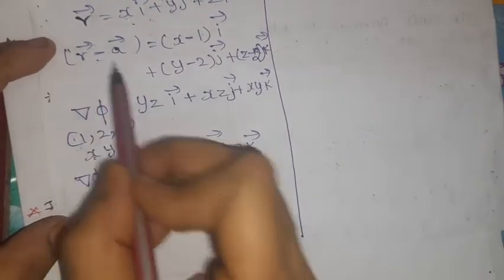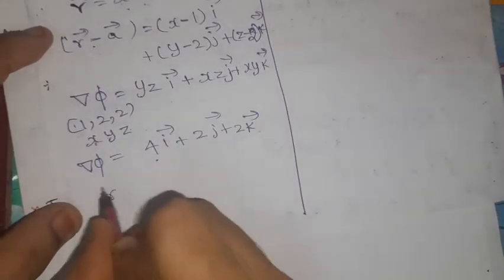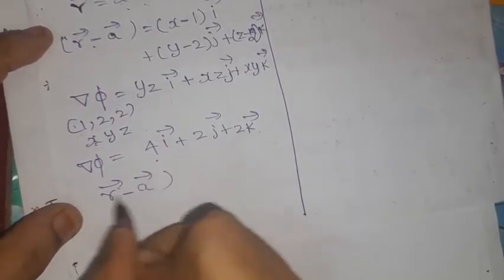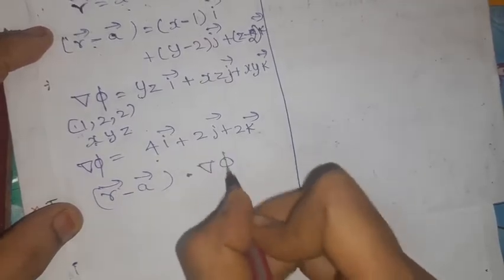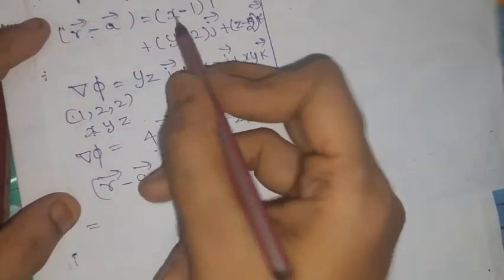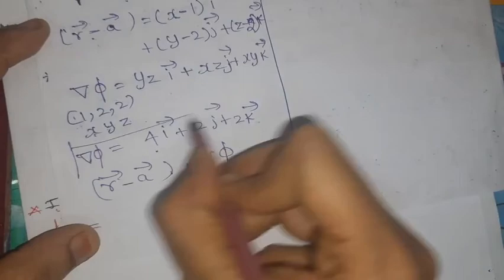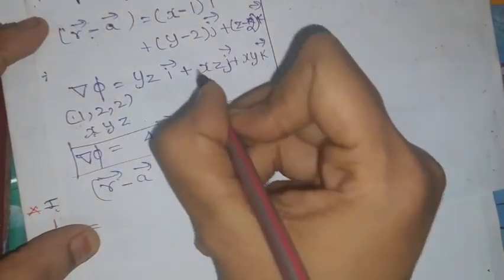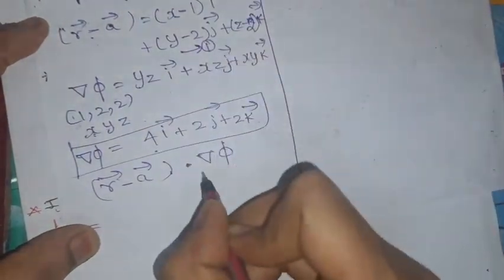Next, find r minus a dot del phi. It is equation 1 and equation 2, just do the dot product.